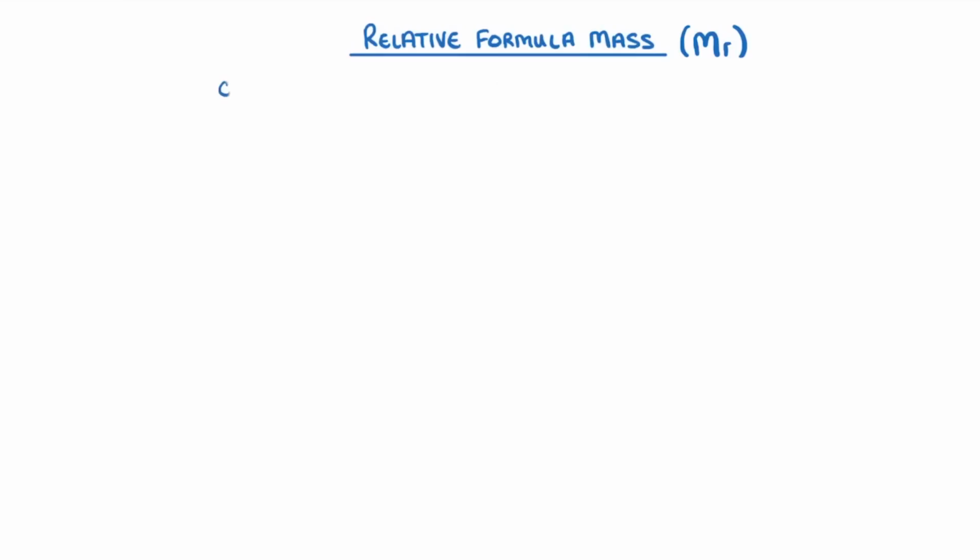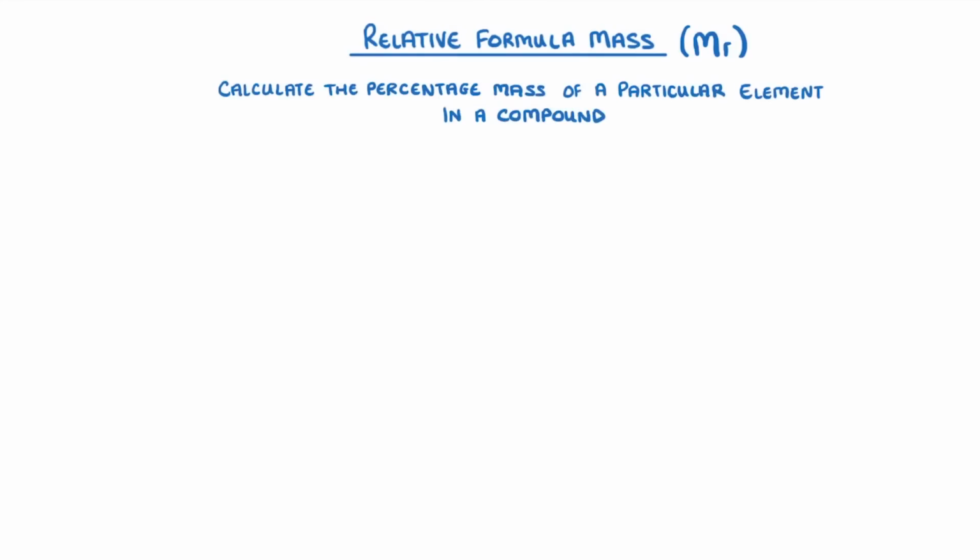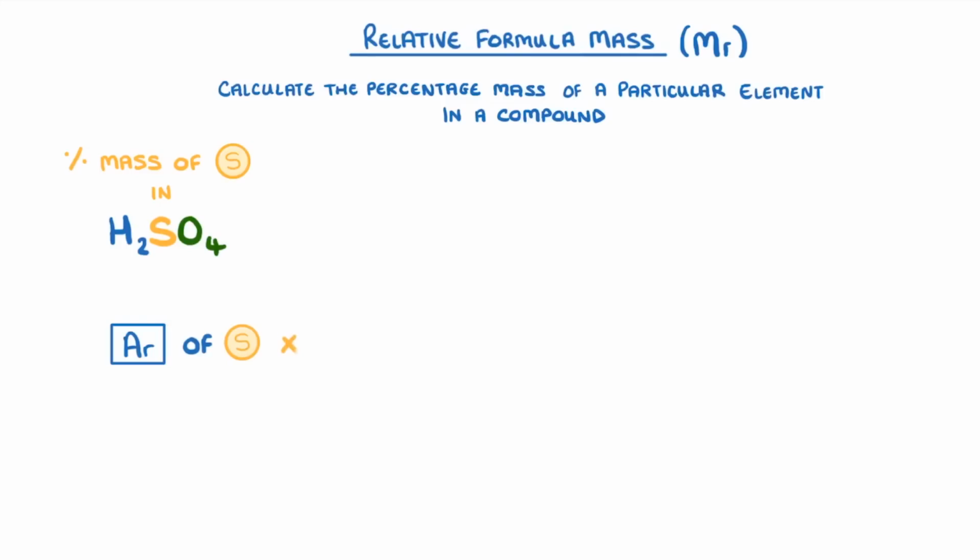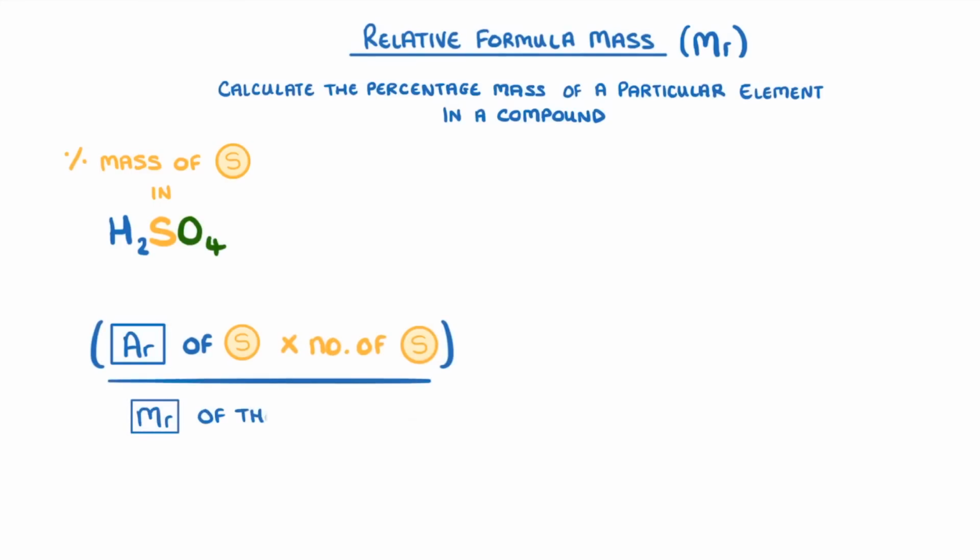You could also be asked to calculate the percentage mass of a particular element in a compound. For example, we could find the percentage mass of sulfur in sulfuric acid. For this, we do the Ar of the element we're looking for times the number of atoms of that element divided by the Mr of the compound. And then we multiply it all by 100 to turn it into a percentage.